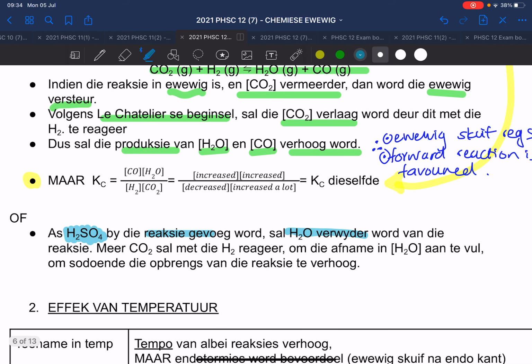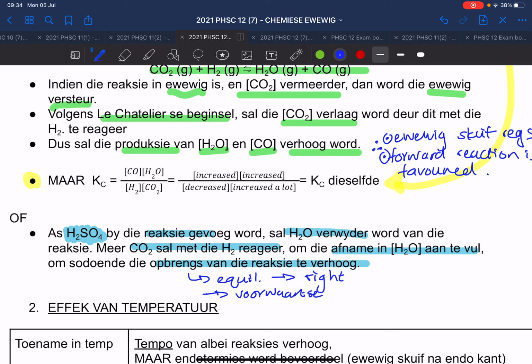So hulle sê hierdie twee reageer to increase the water that is removed, om die opbrengs te verhoog, to increase the yield, or you can say the equilibrium shifts to the right, or you can say the forward reaction, die voorwaartse reaksie, word bevoordeel. The forward reaction is favored.